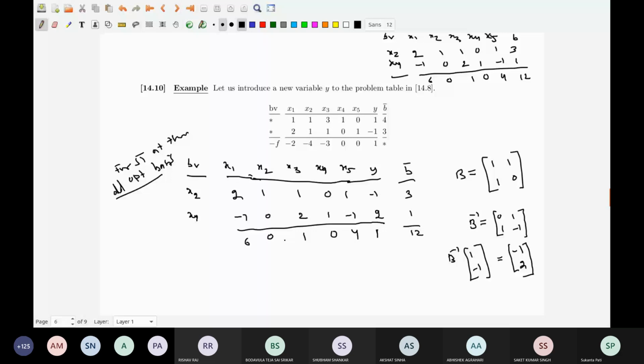Oh, sorry, what am I saying? Why should I make the entry below Y 0? I have the optimal basis itself. Okay, that's my optimal basis.